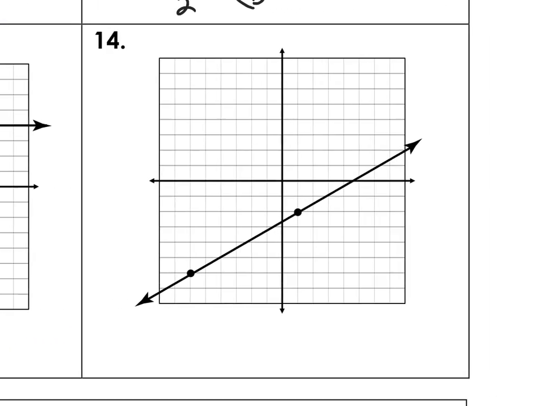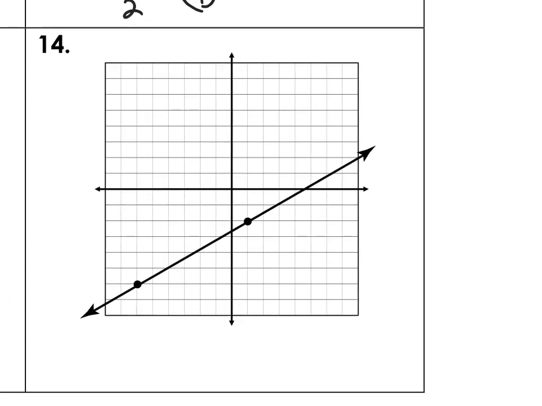Let's take a look at number 14. Okay, number 14. It's going to be a positive slope. I can already tell because it's going up from left to right. I'm going to go from this point to the other point. 1, 2, 3, 4. Now, I went up, okay, which means it's positive.